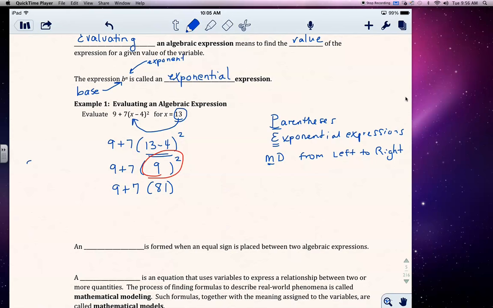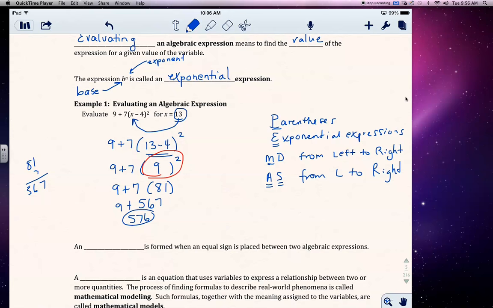If you don't have a calculator, you can do it by hand. And again, the last order of operations step would be addition or subtraction from left to right. In this case, all I have left is addition, but if I did the subtraction, you would do whatever you see on the left-hand side first. So I'm going to take 9 plus 567, and I get 576.